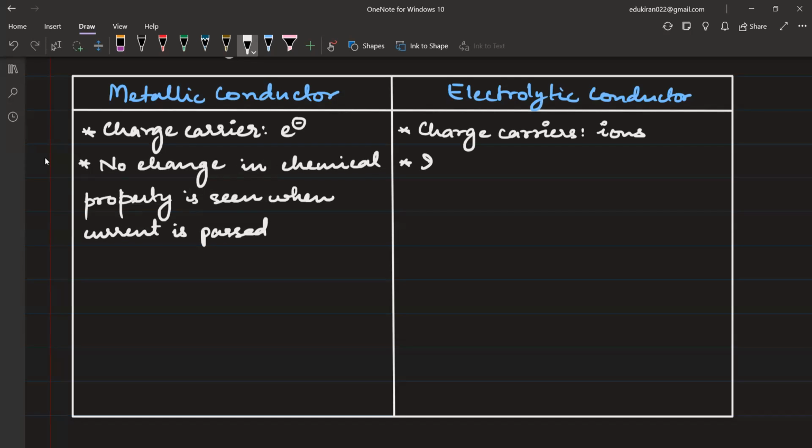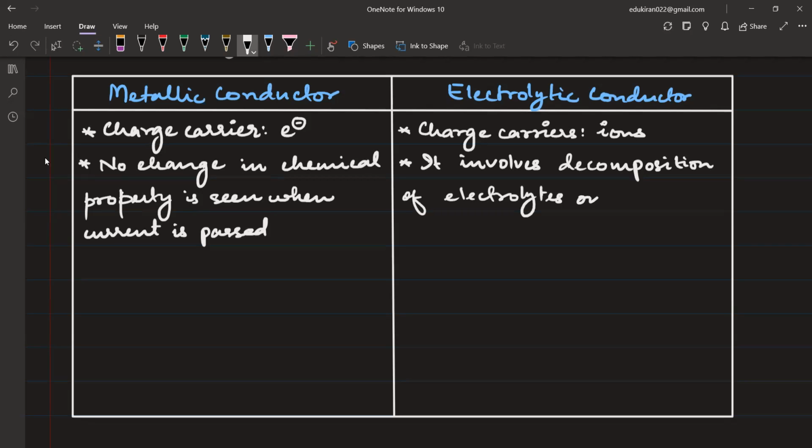So it involves decomposition of electrolytes on passing of current.